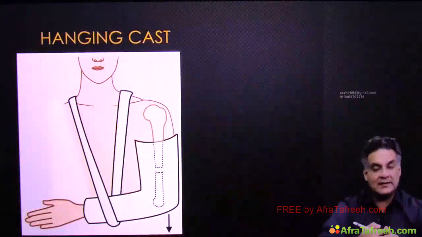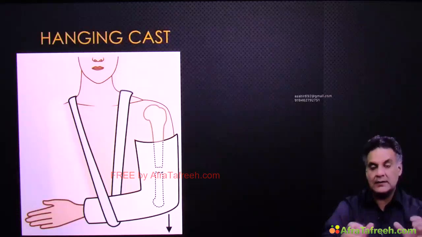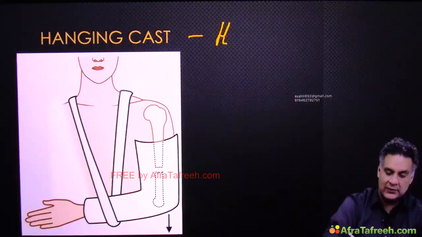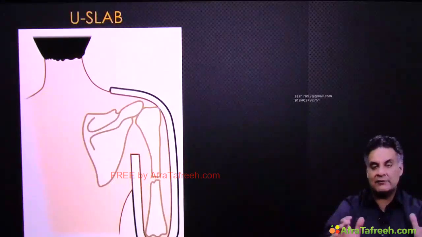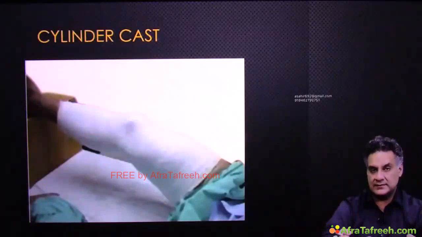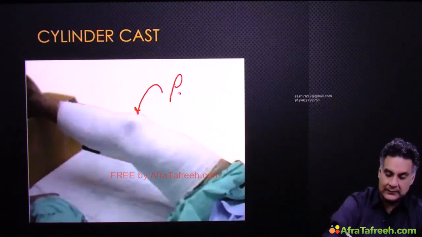Some important splints and casts in orthopedics. You can expect a lot of questions on them. Hanging cast: H for hanging cast, H for humerus. U-slab, again for fractures of the humerus, upper limb. Cylinder cast is for fractures of the patella.